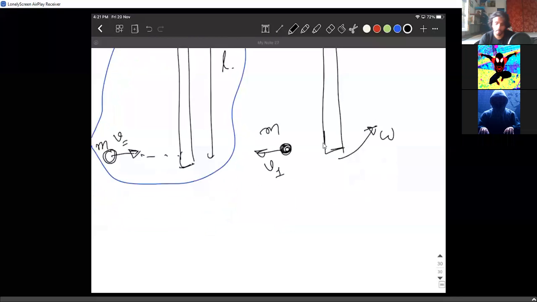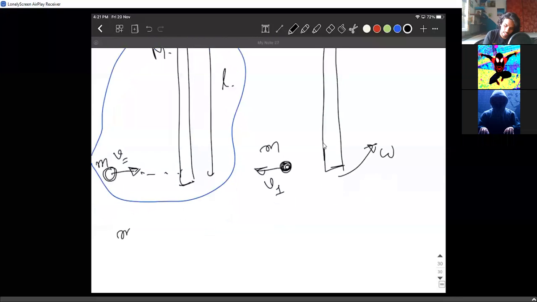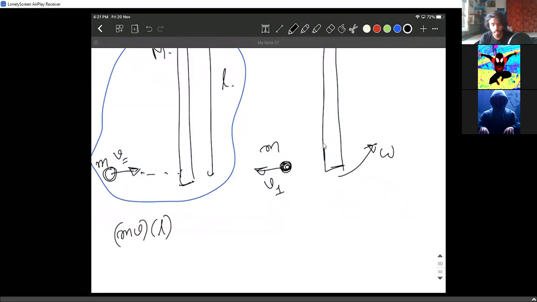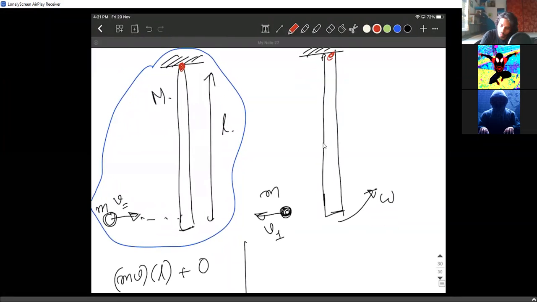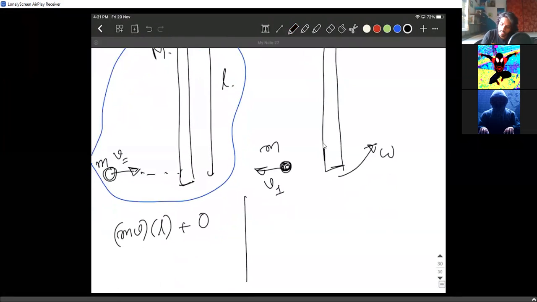Let us look at the whole problem. Just before the collision, it is mv into perpendicular distance L, plus the angular momentum of the rod, which is 0. So that is the initial angular momentum. Now the final angular momentum about the same point: for the particle I'm going to write minus mv1L. I hope you get why I write minus, because it clearly changed the direction of angular momentum.